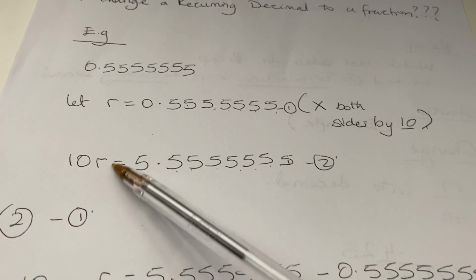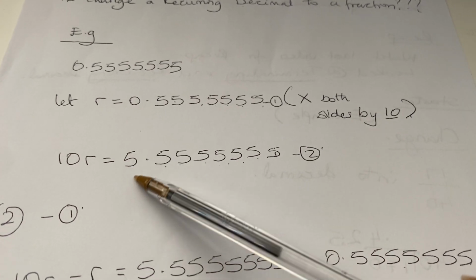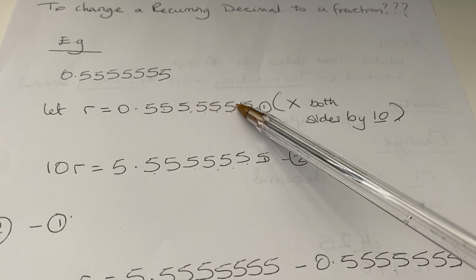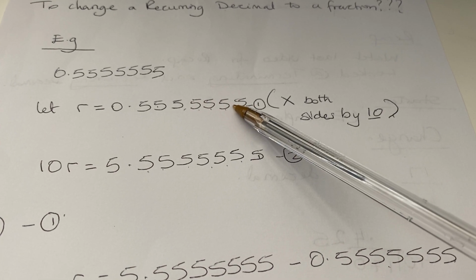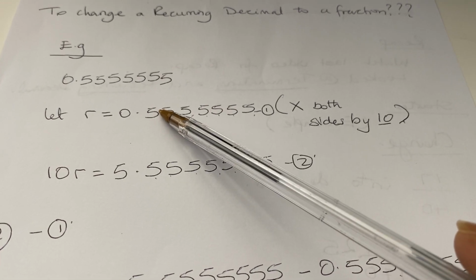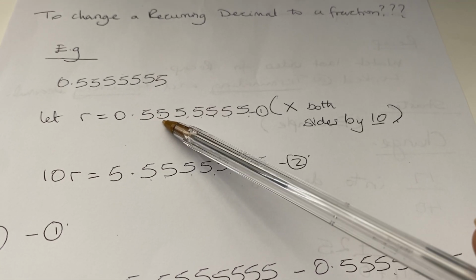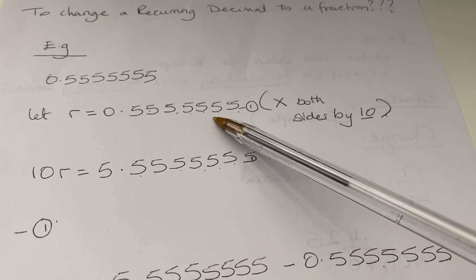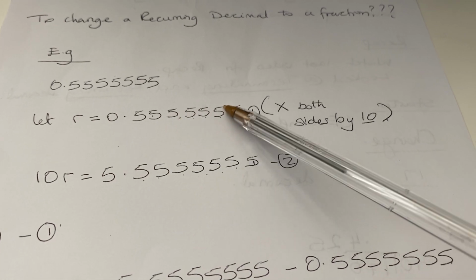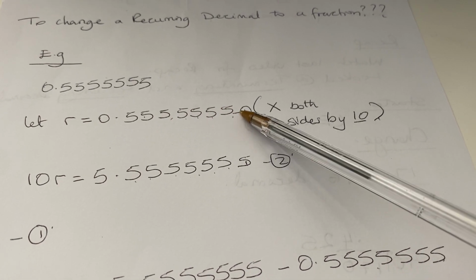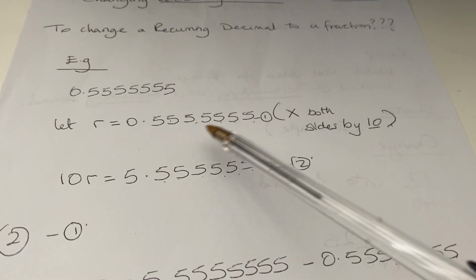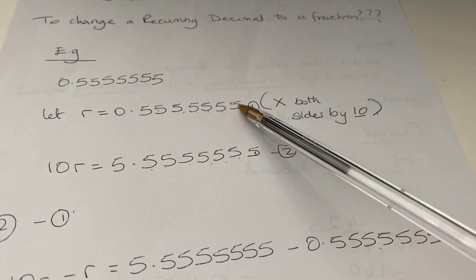So 10R will be equal to, now if I times this whole recurring decimal by 10, the point moves, so I have 5.55555, and that is what I want to get, because I want to get rid of all these 0.5s.